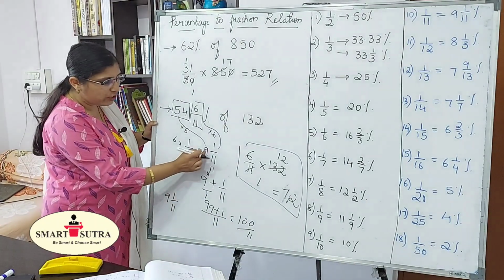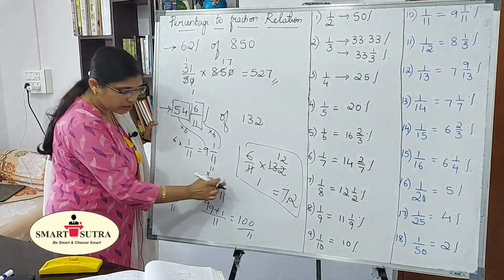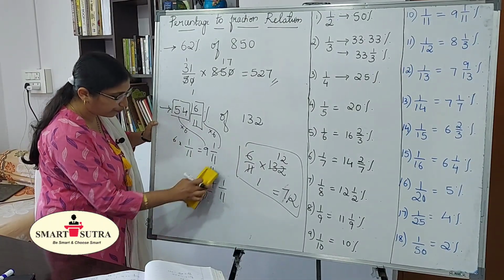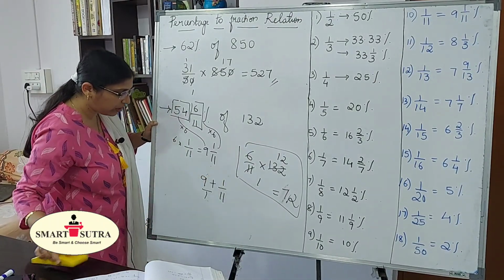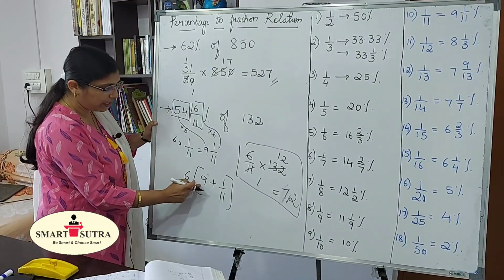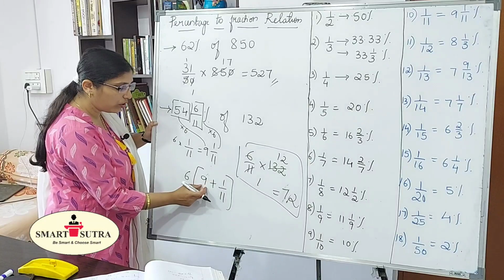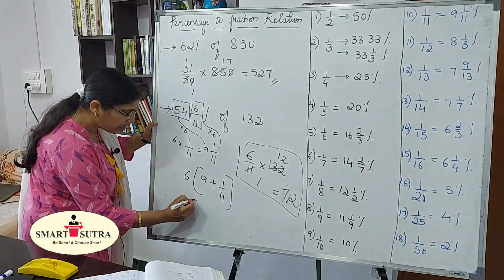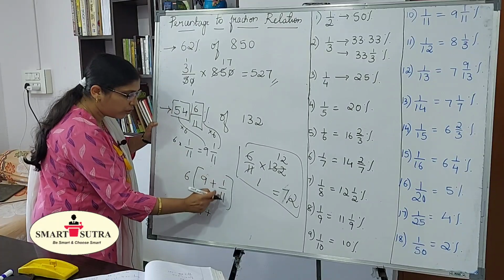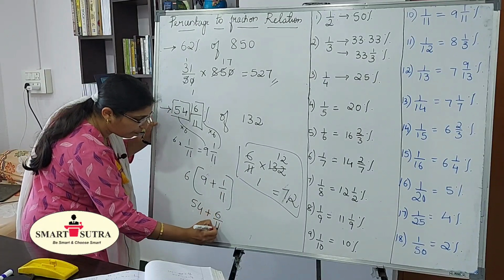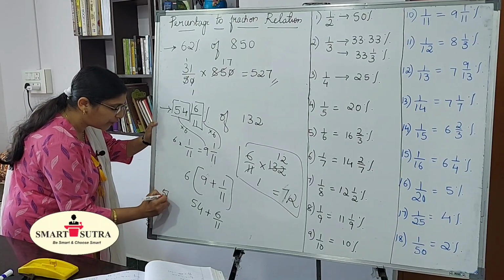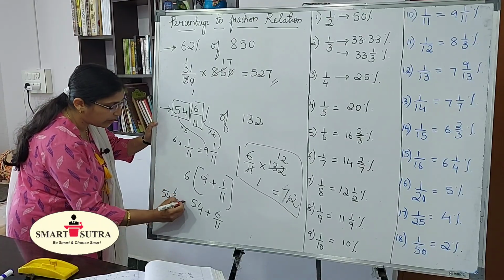So when you are multiplying with 6, you have to multiply the whole thing, not only the integer. So 6 9s is 54 and 6 into 1 by 11 will be 6 by 11. So 54 plus 6 by 11 is nothing but 54 6 by 11.